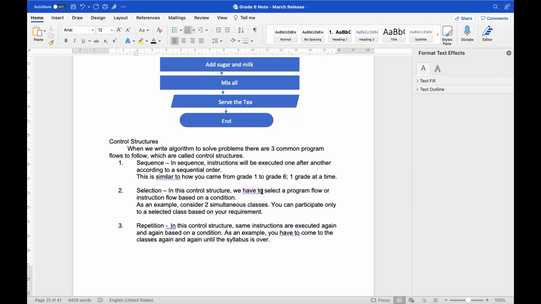Selection means when you have a decision to be taken, because you cannot execute all the instructions. Instead, you are executing a chosen path, a selected path. That is called selection. Repetition means you are repeating the same instruction set again and again.